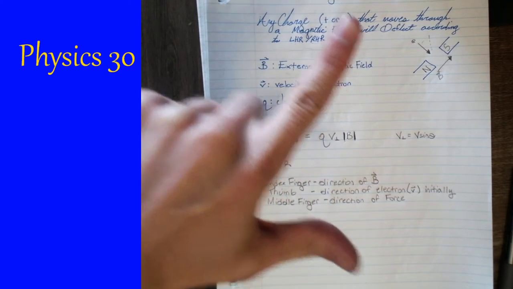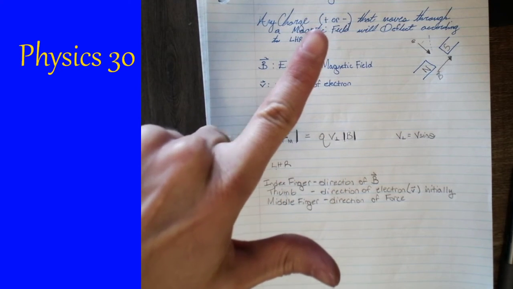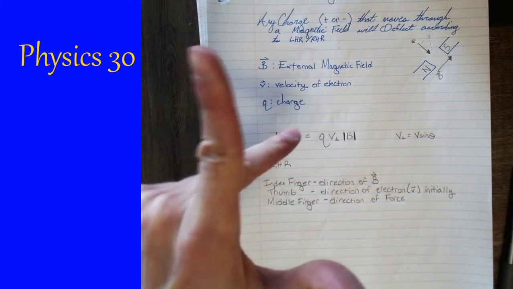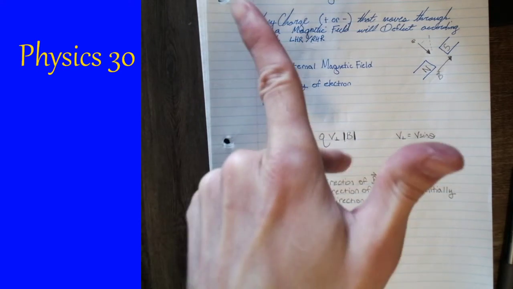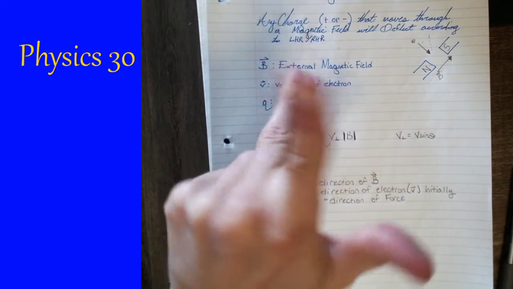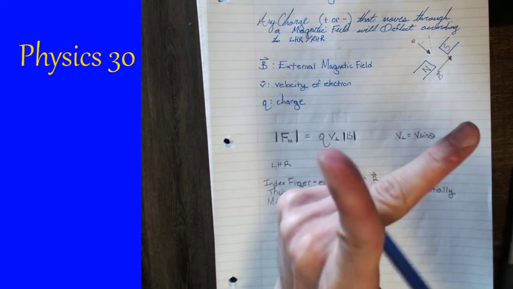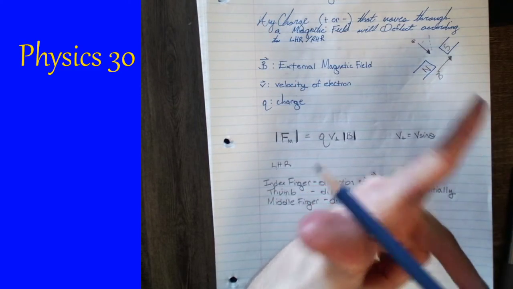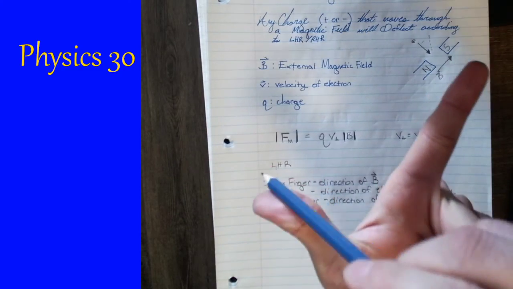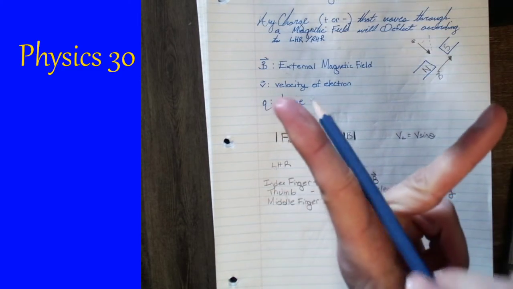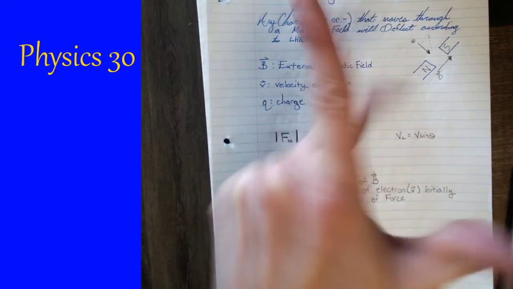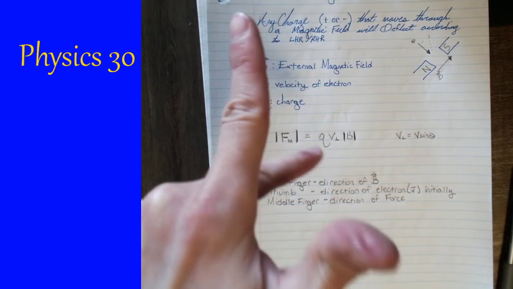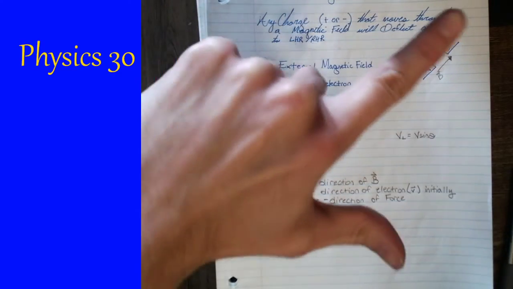So then the next step is put your hands into this configuration, and make sure they're all at 90 degrees to each other. That's kind of what we're doing. And so we'll line it back up again.